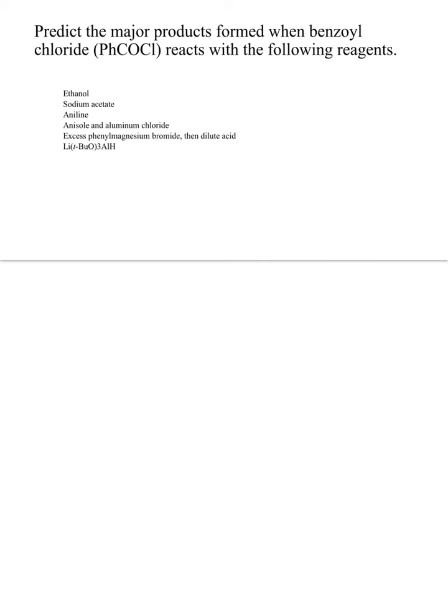Okay, the next reaction, number 12, predict the major products formed when benzoyl chloride reacts with the following reagents. So what is benzoyl chloride? This is benzoyl chloride. With ethanol, you make an ester. So you're going to form the ester from ethanol.